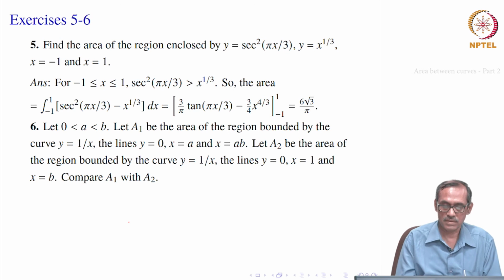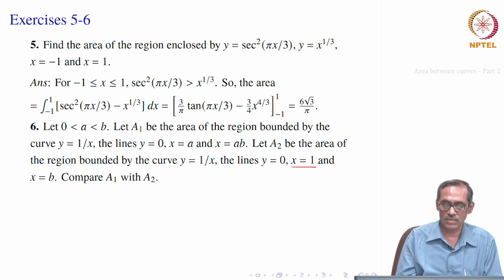So, one curve and 3 lines: y equal to 0 is the x axis, and x equal to a, x equal to ab are the 2 vertical lines. Similarly, A2 is the region bounded by the same curve and x axis, but now the 2 vertical lines are different, they are x equal to 1 and x equal to b.